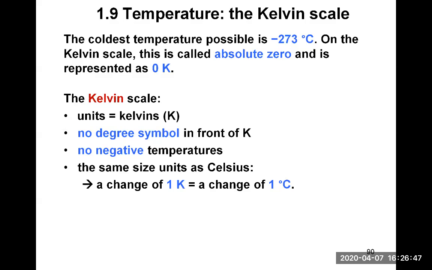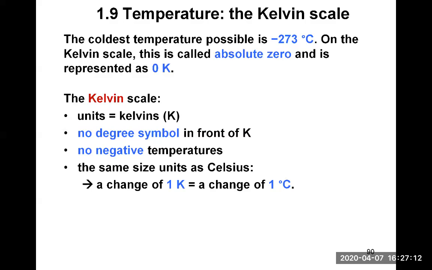And in degrees Celsius, this is negative 273 degrees Celsius. That's the coldest temperature possible. And so the Kelvin scale is starting at 0 at that negative 273 degrees Celsius. So that's why it's the scale used in science.